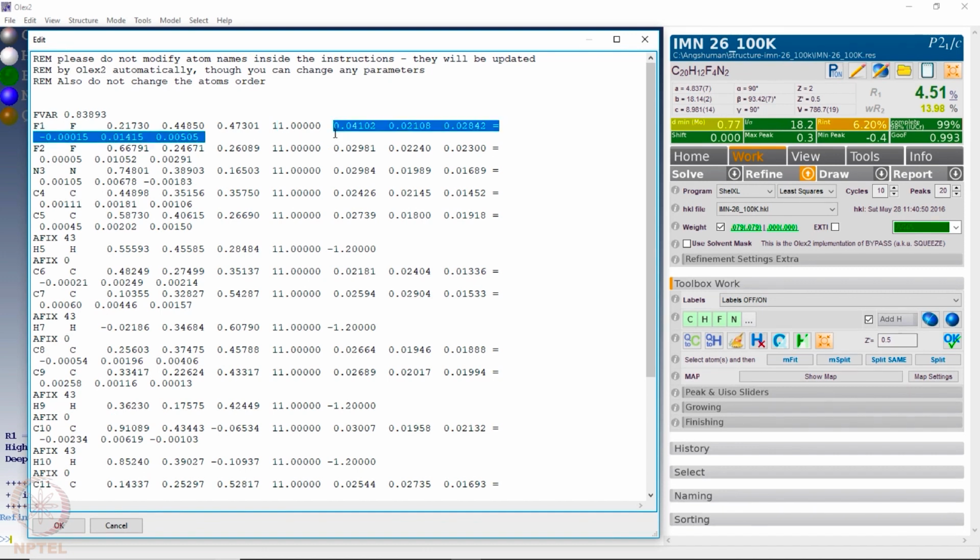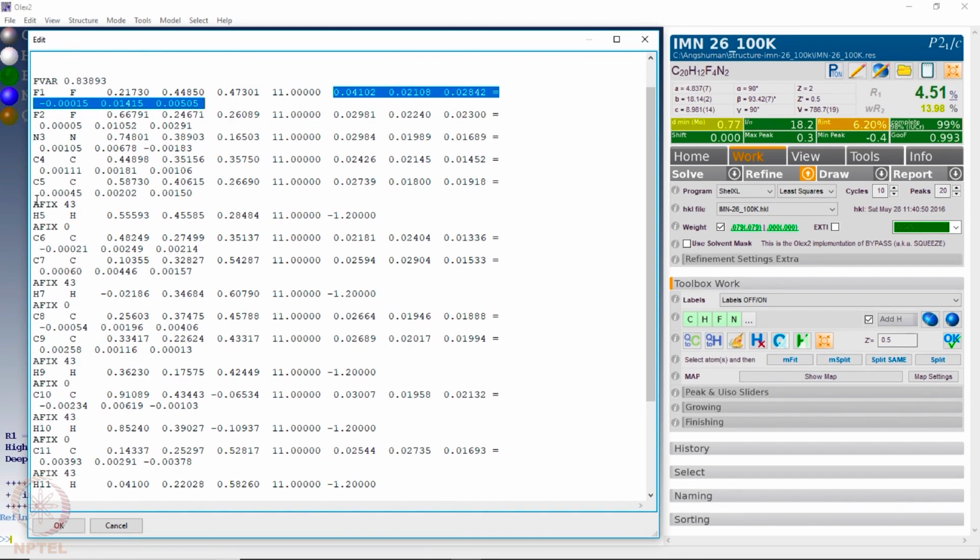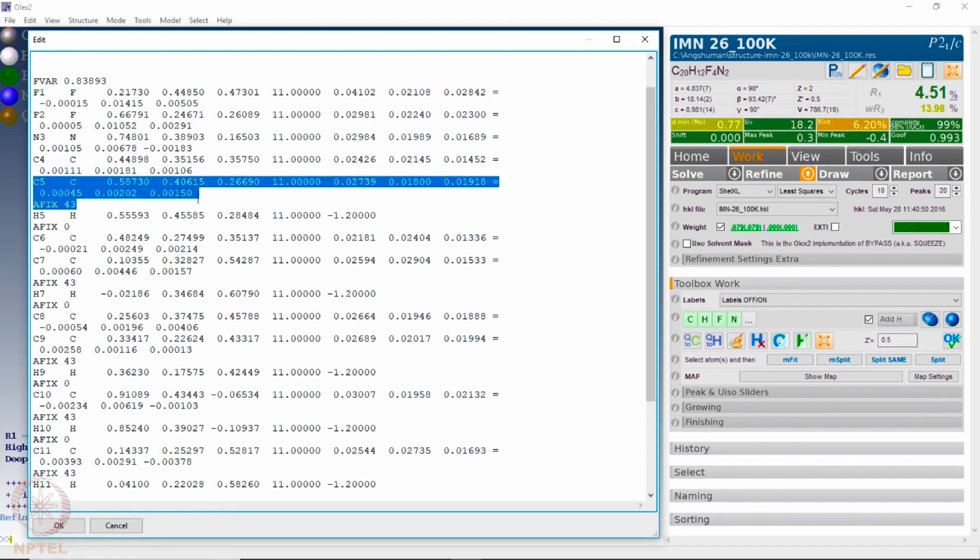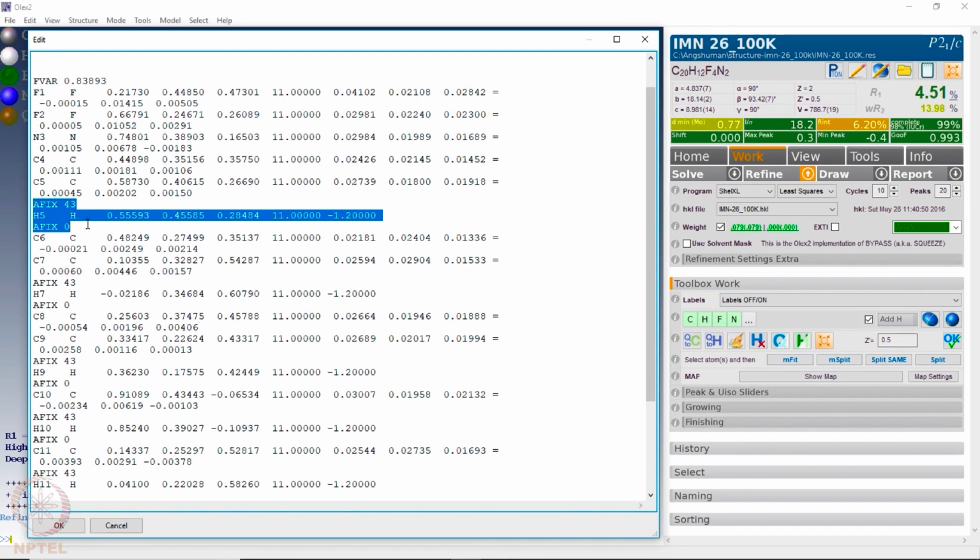And then these 6 parameters are responsible for defining the thermal ellipsoid that comes from the thermal motion of the atoms in the molecule, and that is responsible for making the atom an ellipsoid instead of a sphere. Now if we look at the corresponding hydrogen, suppose the hydrogen associated with carbon 5, here we have a term 43 and the 0 indicating that this particular hydrogen 5 is connected to carbon 5.